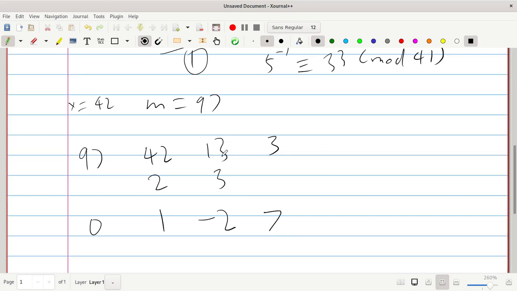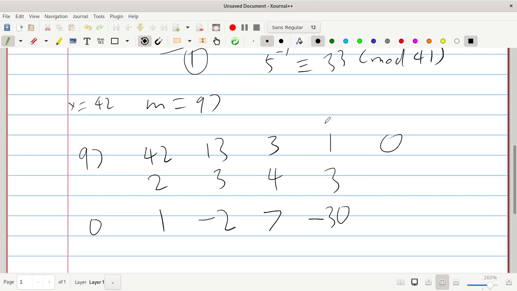And then we're going to divide these two numbers. 13 divided by 3, the quotient is 4, and the remainder is 1. And then we take 4 multiplied by 7, that's 28, negative 2 minus 28, so negative 30. And then again, take the quotient, 3, remainder is 0.